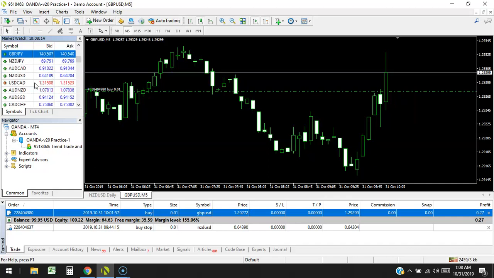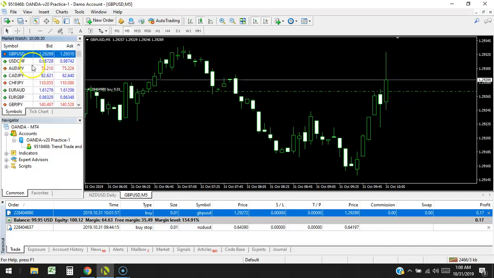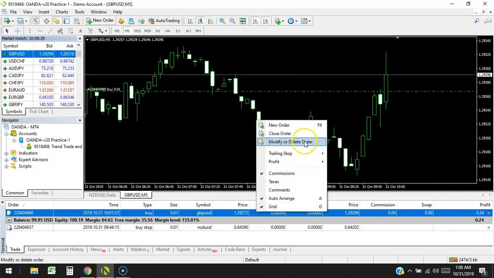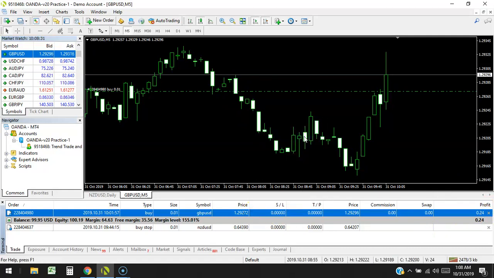Let me check here, guys. Trade is full. We should be able to close, guys. I don't know why it's not letting us close. This is just ridiculous. What the heck?